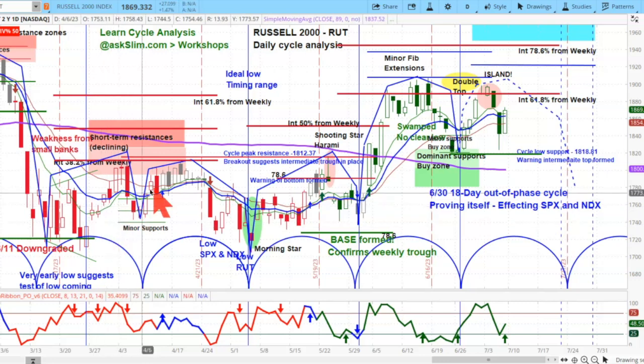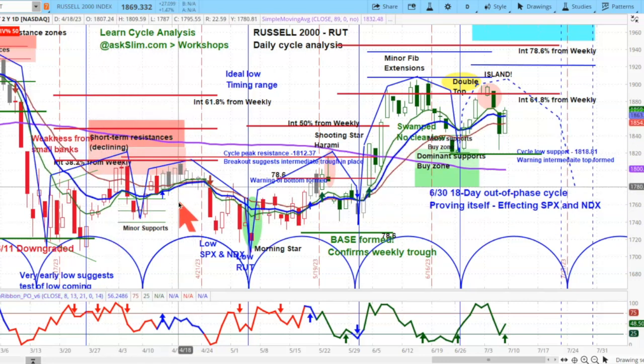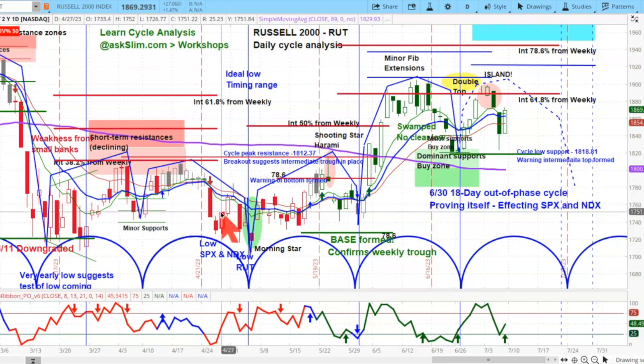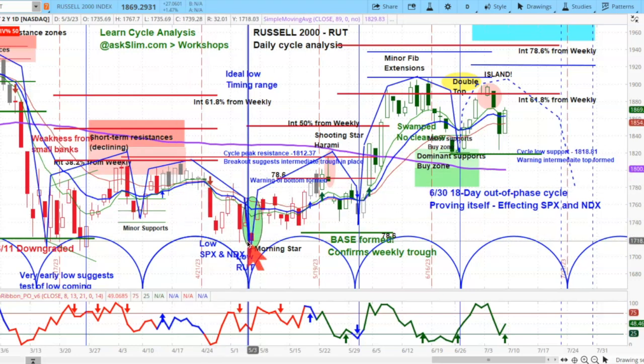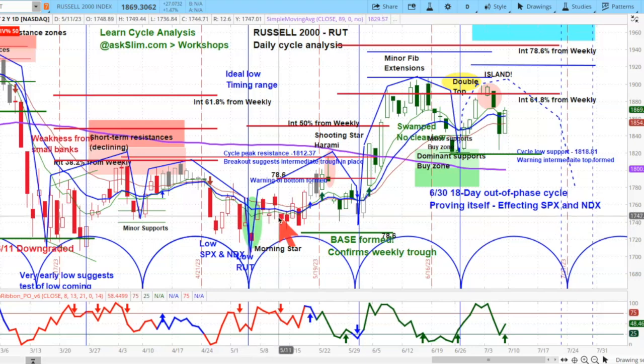Here, in the case of a negatively configured cycle that peaked in the left side of the cycle, that's called a left-hand translation, and that gives you an indication that it's going to be weaker during that time frame. Usually when you have a negative cycle in here, then the next rally has trouble making it up to that high. This one equaled it, so it was a little stronger than expected, and then it formed that base.